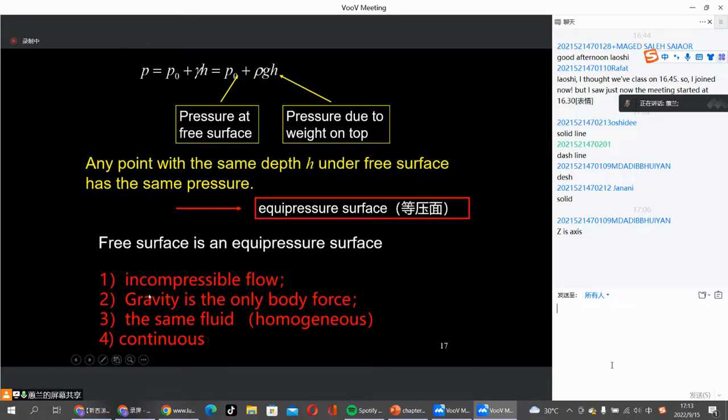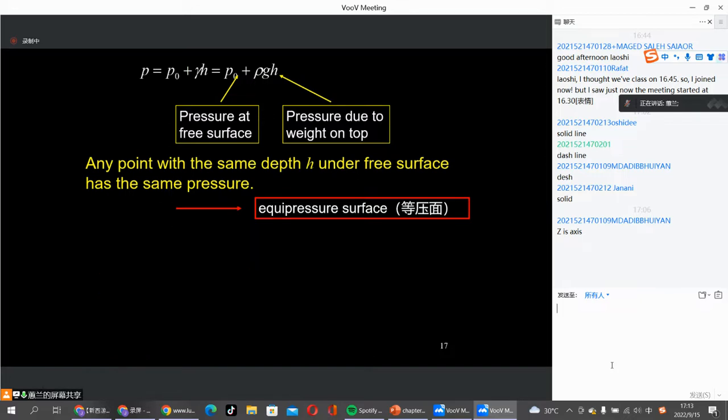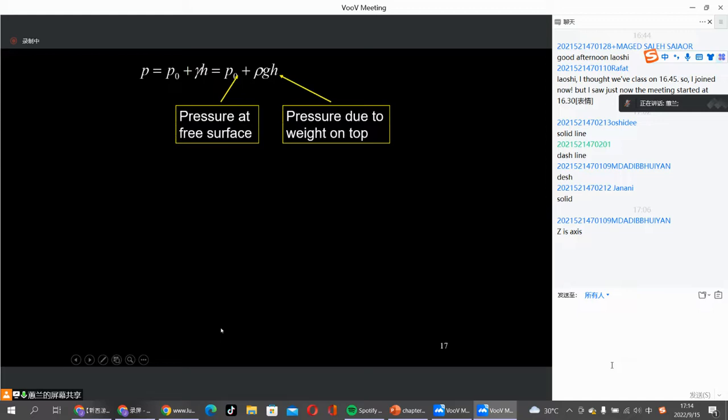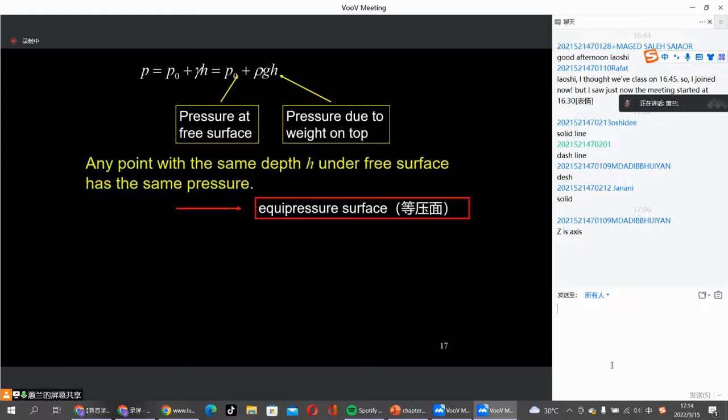This equation applies to incompressible flow. Why? Because rho is a constant here. When we integrate to obtain this formula, we regard rho, the density, as a constant.